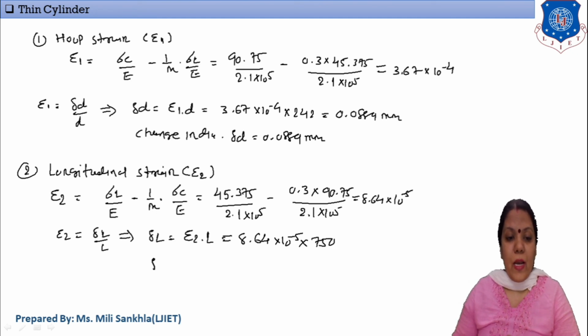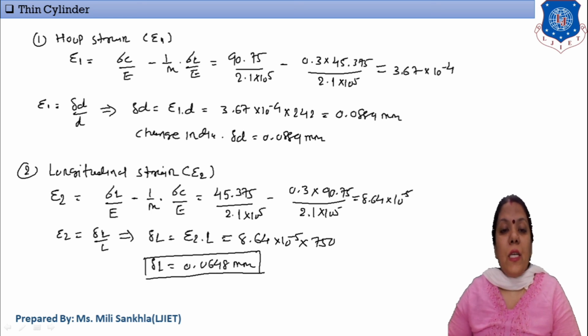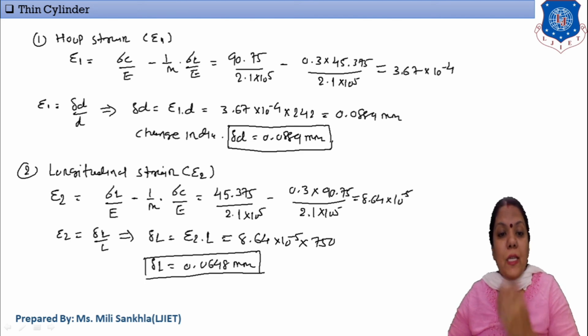Now my delta L, the change in length, is 0.0648 mm. Here we find two dimension changes: first the change in diameter, and second the change in length.